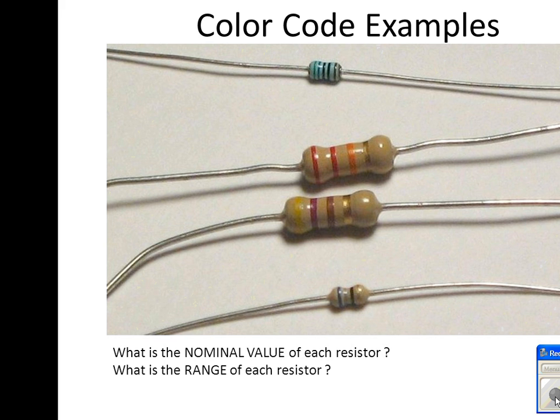So 1.05 times 470 is what? 493.5. That's the highest it can be. If it's 493.6, that's out of range. Okay? 470 times 0.95 is what? 446.5. That's right. And so if it's 446 ohms even, it would be out of range low.